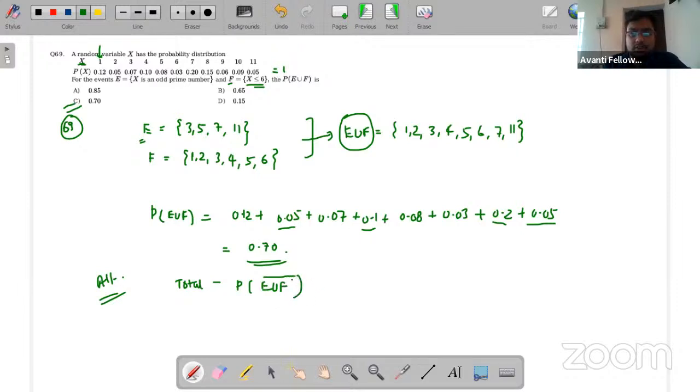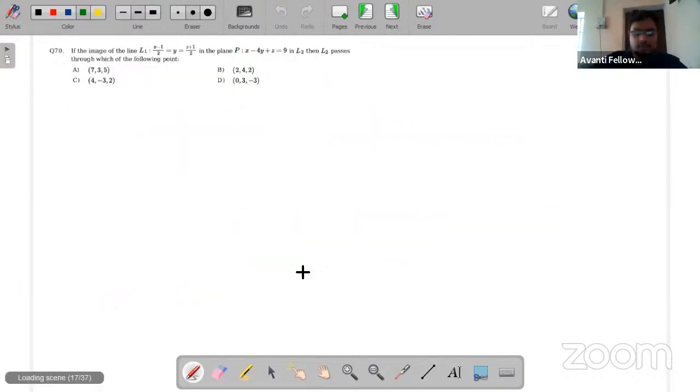E union F complement would be all those elements which do not contain these elements. So the remaining elements will be 8, 9 and 10. So we add the probabilities of 8, 9 and 10 and subtract it from the total probability. Total probability is 1. Clear? In that way also we can find the answer. So this was also a very easy question.